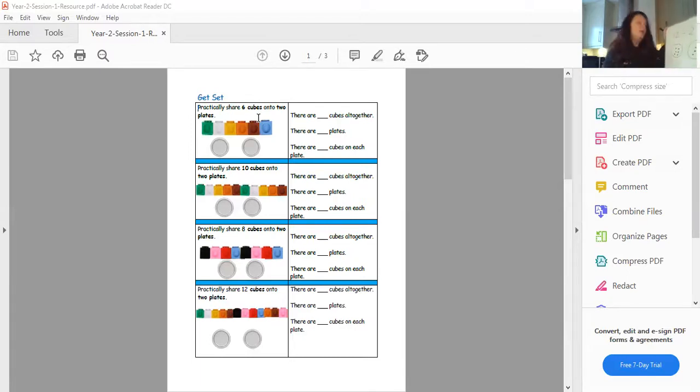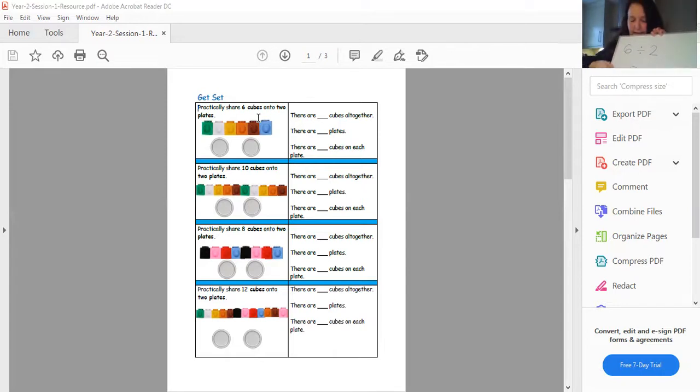So the question is telling you to have 6 cubes shared between 2 plates. Can you see that there? So I've got 6 cubes and I've got 2 plates.